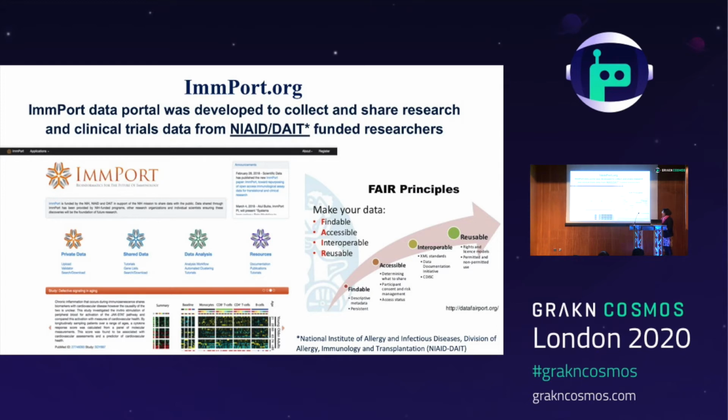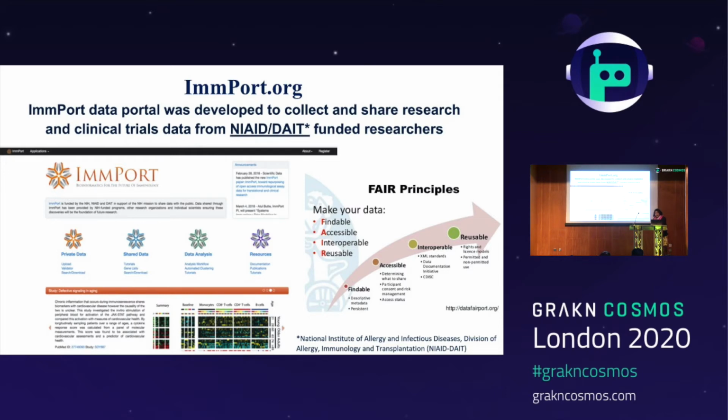ImmPort came into existence about 12 years ago, and this database or portal was designed for NIAID researchers, those who are getting funded by NIAID, and they were required to submit the data from all the experiments they run. They generate the data, and that goes to ImmPort. And ImmPort supports the FAIR principles, which is findability, accessibility, interoperability, and reusability.